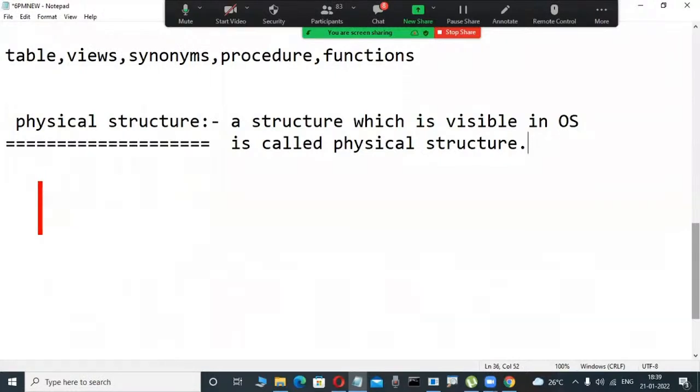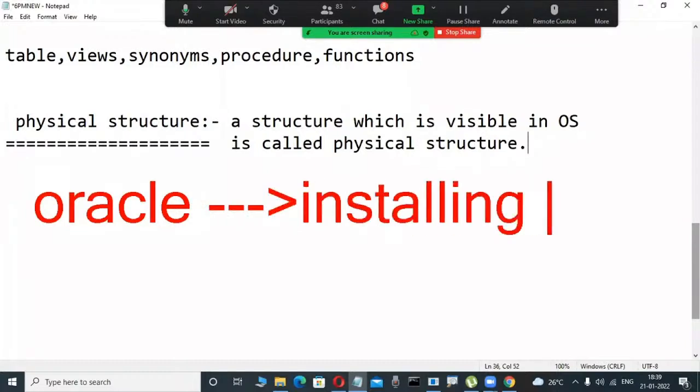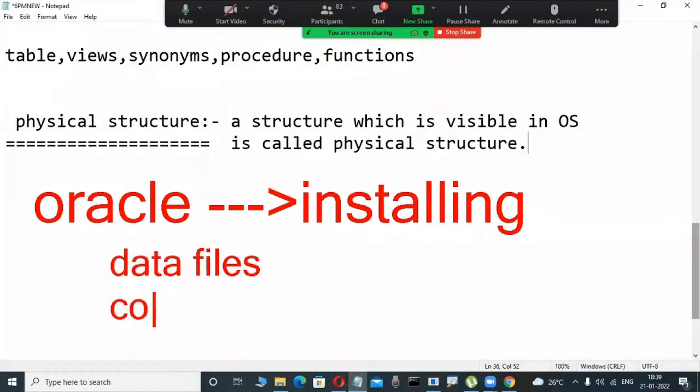Same like in Oracle, a relational database software; MySQL, SQL Server, whenever I'm installing, physical files are created: data files, .dbf files, control files, and redo log files.